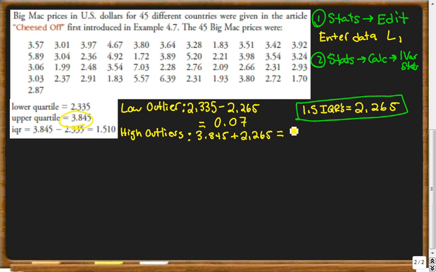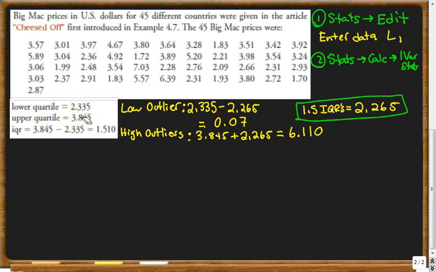This is 6.110. Okay, sorry, just fumbling around there for a second. So anything that's at or above 6.110, we're going to consider a high outlier.